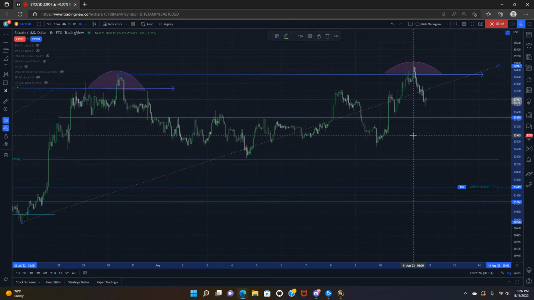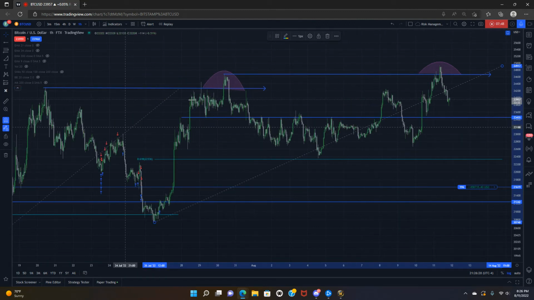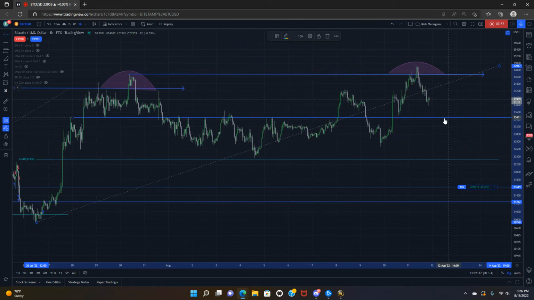And the point I want to bring your attention to here is, again, we see the same pattern, right? You see these liquidity runs above the highs into these purple arcs I've marked off, and then sell off, and then sell into this base here. But you could get another liquidity run, right?